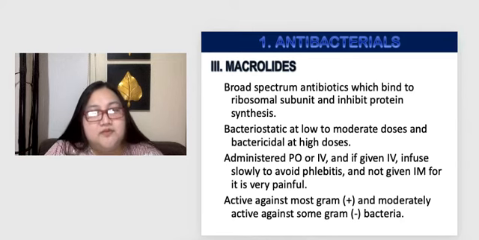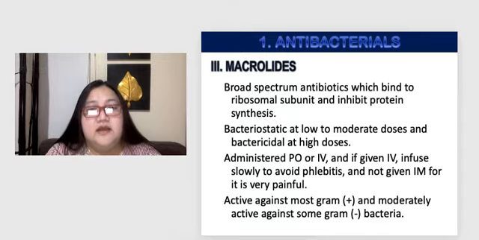Macrolides are broad-spectrum antibiotics. They bind to ribosomal subunits and inhibit protein synthesis. Low doses, bacteriostatic. High doses, bactericidal. So, paano siya binibigay? May per orem at may IV.